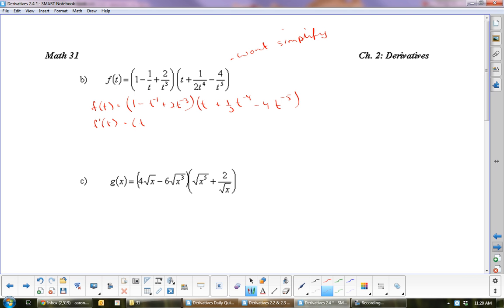We'd get t to the negative 2, because the negative 1 times negative 1 is 1, minus, no, because there's a negative there already. Okay, and then negative 6t to the negative 4 times t plus 1/2 t to the negative 4 minus 4t to the negative 5. So derivative first times the second plus, we can go with the derivative of the second now.